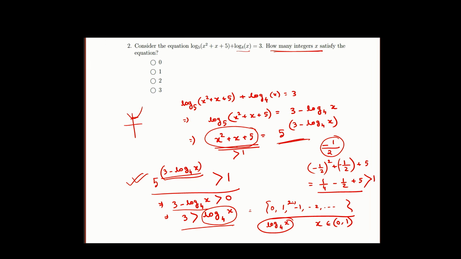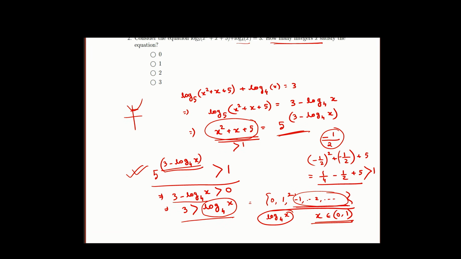We have to consider 2 also, 2 is less than 3. So in the positive part there are 3 integers, 0, 1 and 2. And the whole set of negative integers is also there. But this negative cannot be attained because then x has to be in between 0 and 1. But we have seen that x is an integer, so this negative integer case is also not possible.